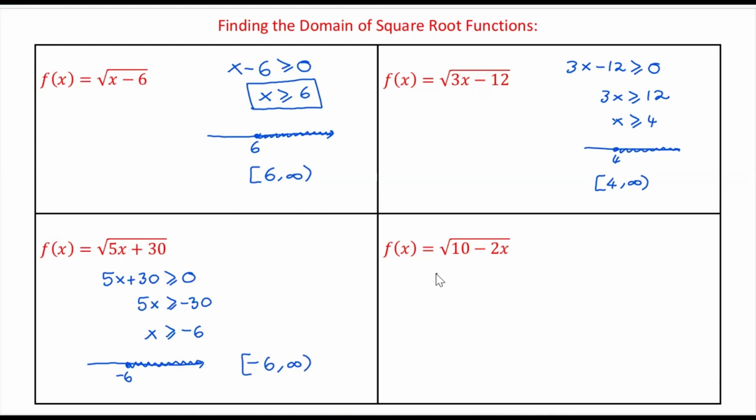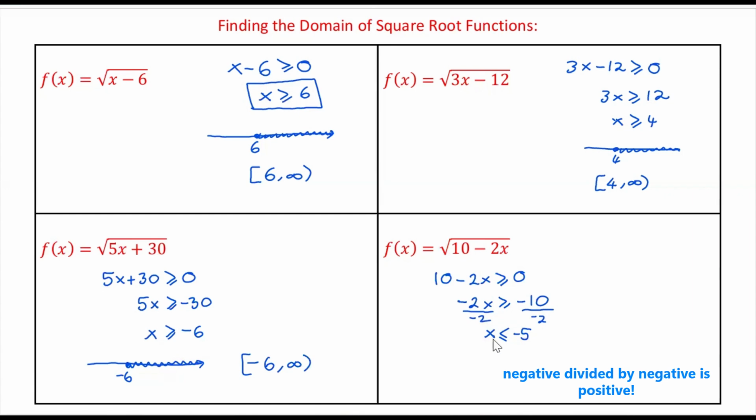For the next example, take the radicand and set it greater than or equal to 0. Solve for the inequality. Subtract 10 from both sides and divide both sides by negative 2. Since we are dividing by a negative number, we will have to flip the inequality sign.